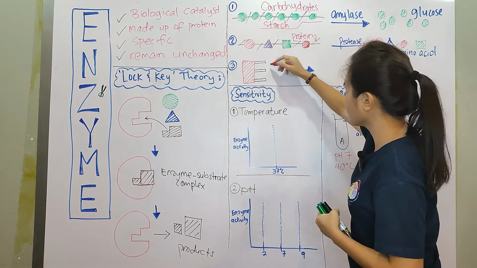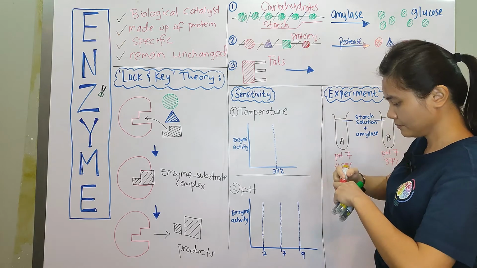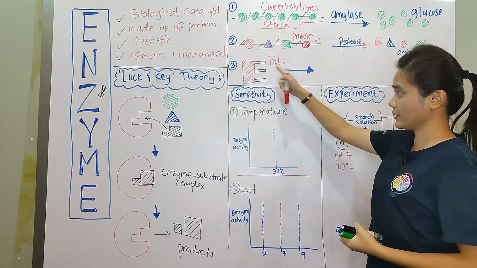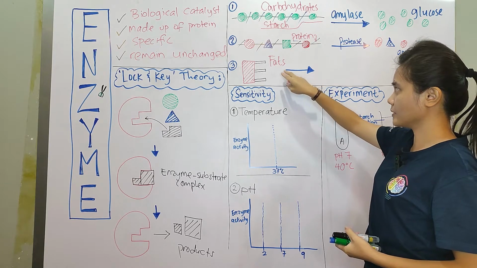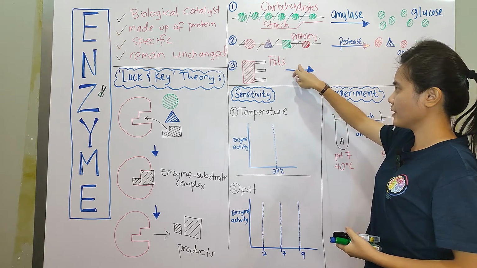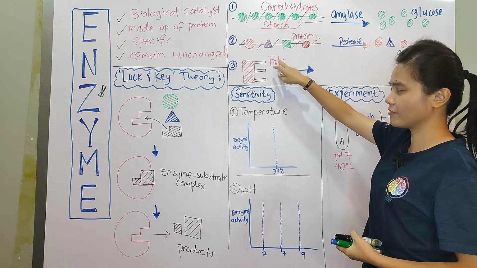Right? This is fats. So what is the enzyme that breaks down fats? This is a bit difficult to remember because the name of the enzyme doesn't really relate to the name fats.